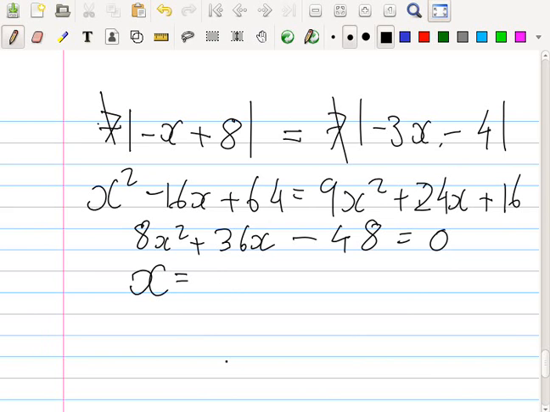Ugly's bad. X squared, 6, 12, 24, 16, that's right. 8, 36. 64 minus 16, just double check that. 48.